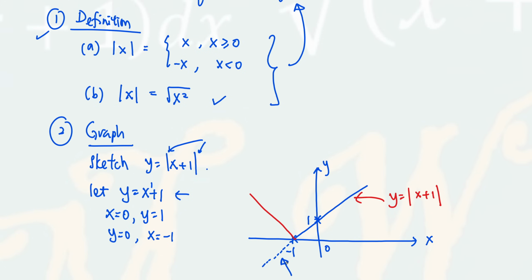Which means initially it is negative. When you refer to definition A, when x is negative, our answer here is actually the negative of x. That means if I need to write down the equation of the red color over here, I would say this red color is y equals negative of x plus 1.